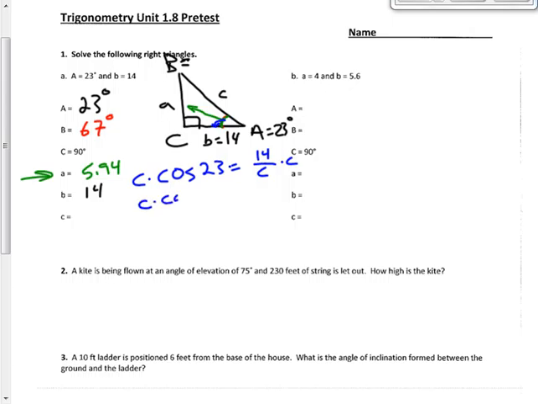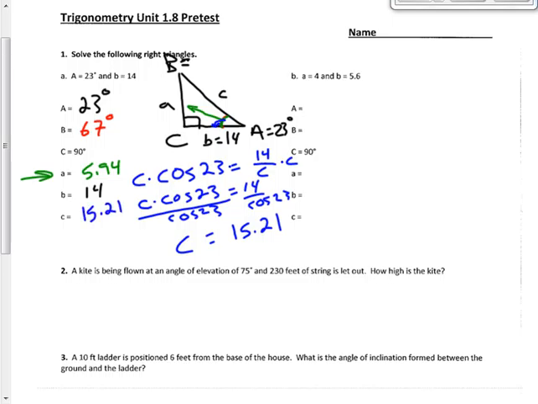So I get C times cosine of 23 equals 14. I have to divide by cosine of 23. And I get that C is equal to 14 divided by the cosine of 23, which is 15.21 rounded. And now I have all 6 of the parts that I needed in order to solve the triangle.